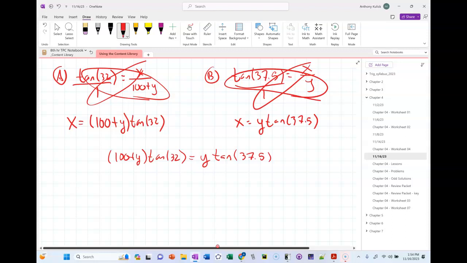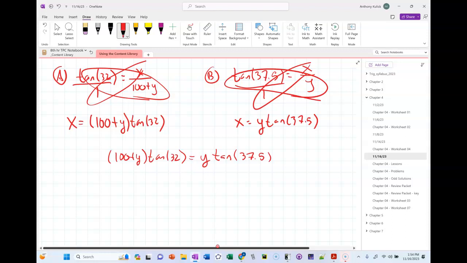Notice that by doing this, I've created a single equation that has only one kind of variable in it, just y's. No more x's. Everybody good with that? Now the hold up still here is that I have y's in more than one location, right? So in order to solve this, I need to move the y's from 2 different locations to 1 location so I can get the y by itself.